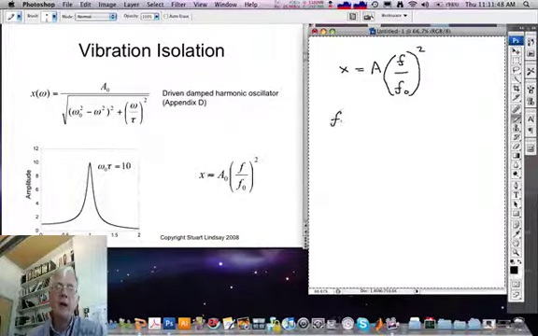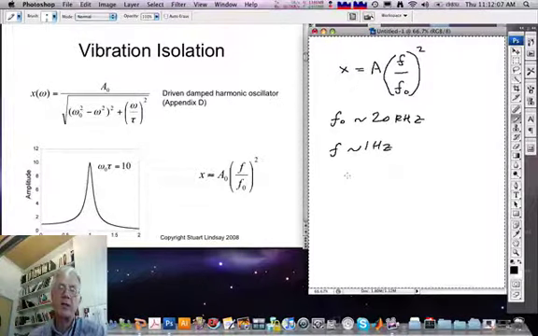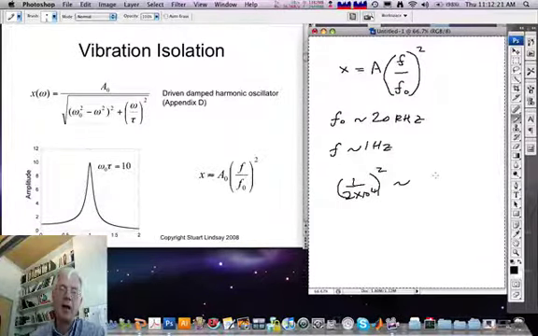For a well-designed STM, the lowest resonant mechanical frequency is perhaps on the order of 20 kilohertz. It's fairly easy to do this. By suspending the microscope on bungee cords, you can guarantee that no building frequencies greater than about 1 hertz reach the microscope, and therefore the suppression of vibrational amplitude is on the order of 1 over (2 times 10 to the 4th) squared, or some fraction of 1 billion times.